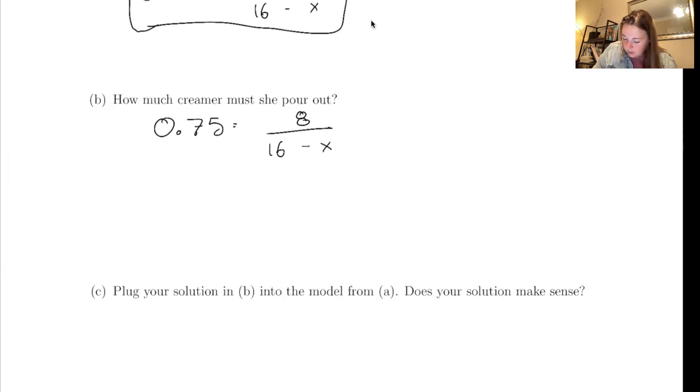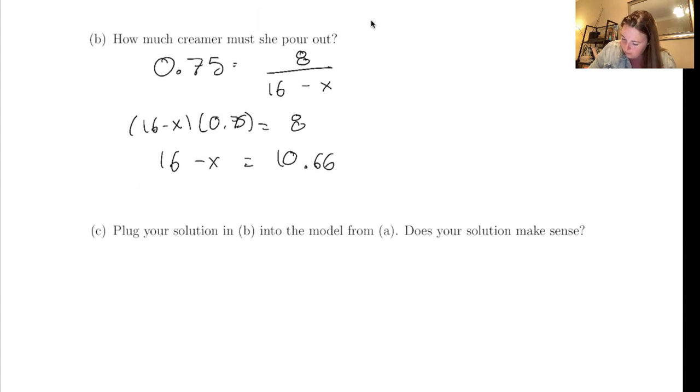So 16 minus X, and then we solve for it, right? So I put 16 minus X over here. 0.75 equals 8. And then I can do 16 minus X, and this is going to equal like 10.66.